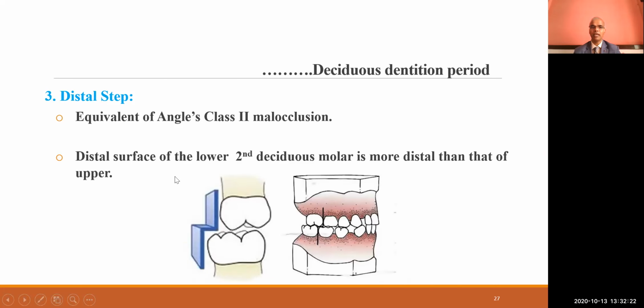Next is distal step. It is equivalent to class 2 malocclusion, because in class 2 malocclusion, the lower molars are more distal as compared to the upper molars. So in this distal step, the distal surface of the lower second deciduous molar is more distal than the upper second deciduous molar. So there is formation of a distal step.